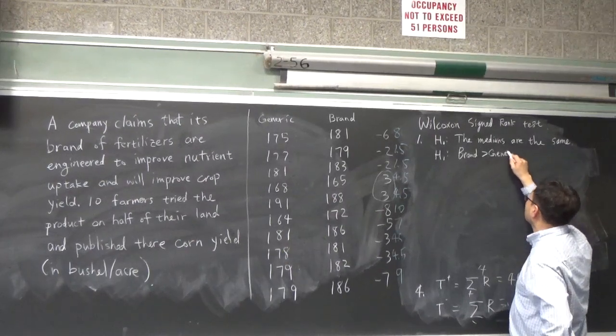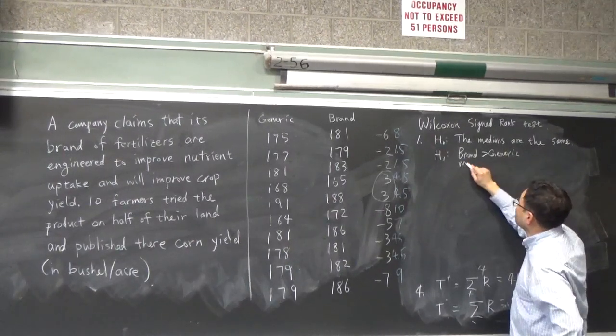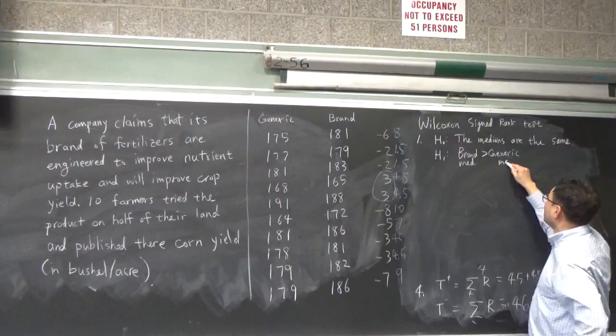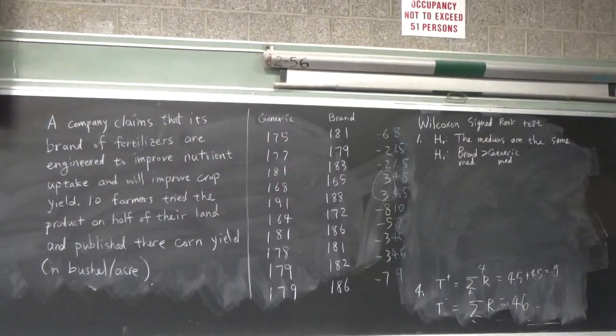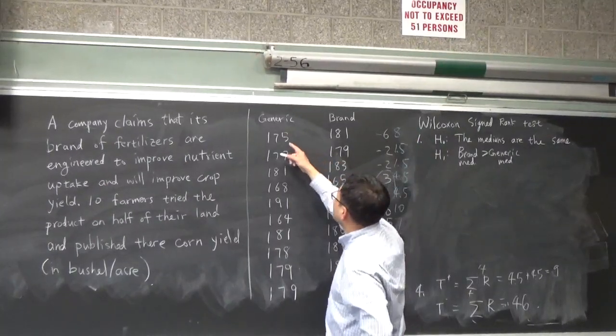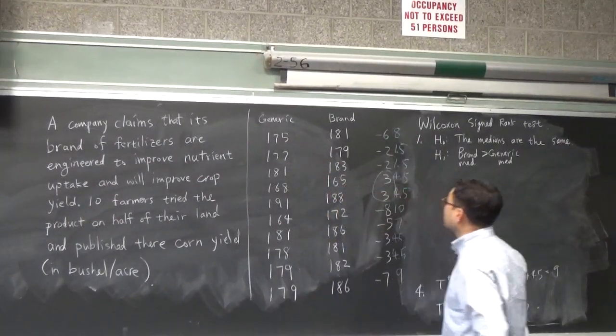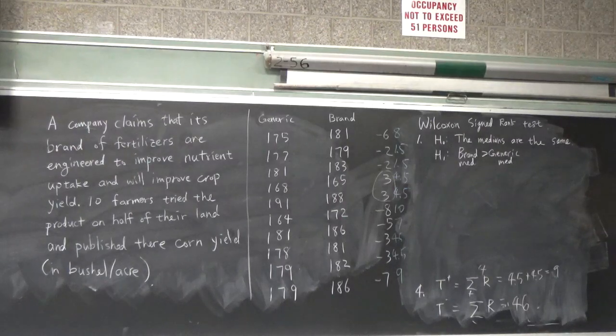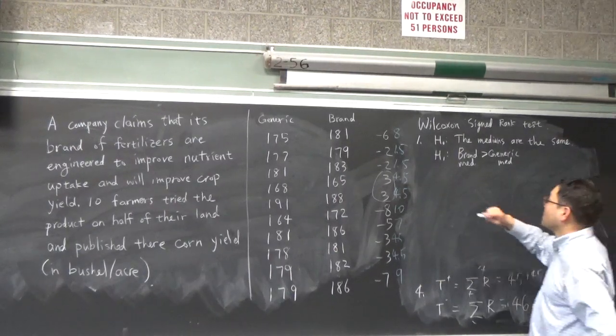That's your alternative. Brand median, generic median, that's your alternative. Which in our case, because we computed the difference by subtracting, no, let's not go there. Okay, so that's our alternative.